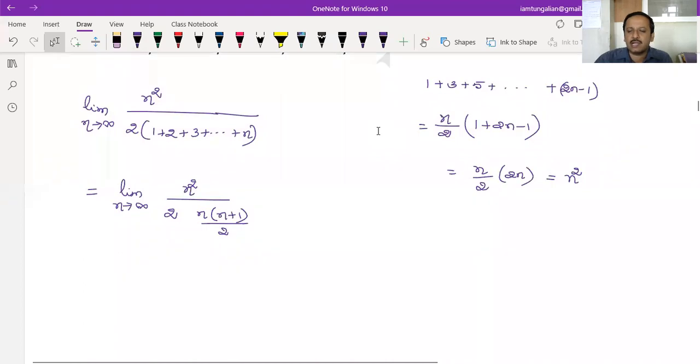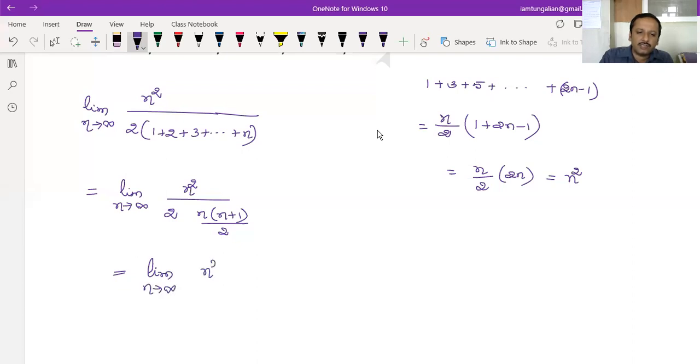Right? Here the 2 gets cancelled. So we have limit n tends to infinity n², with the denominator n(n + 1). If I multiply it out, it becomes n² + n. Okay. Now we observe both numerator and denominator are polynomials of the same degree.